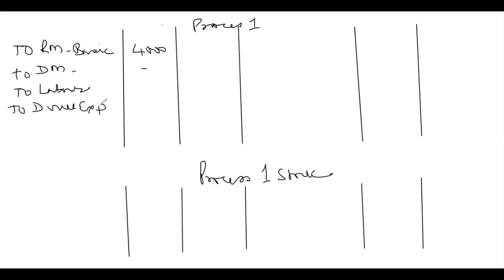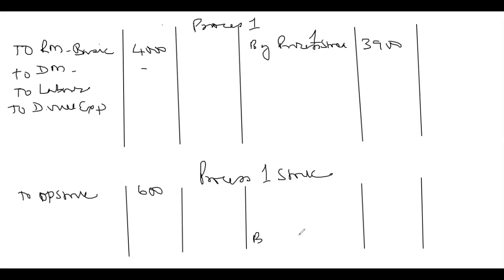The output here is by process stock account 1. Process 1 stock account. How much? 3,900. And in the finished goods, process 1, to opening stock, it is 600.